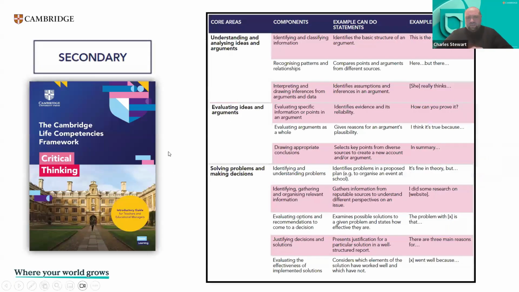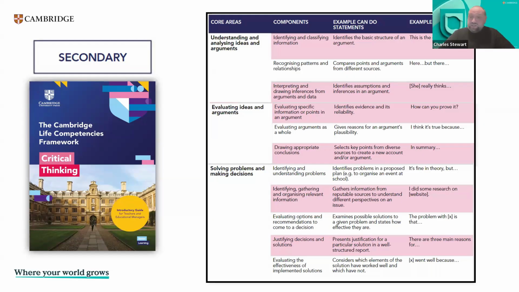Now, this is quite a tall order for us to do all of these things in the classroom in order to truly train our critical thinking skills and truly train our learners how to think critically. So Cambridge has some help for you. Cambridge has developed something that is called the Cambridge Life Competencies Framework.